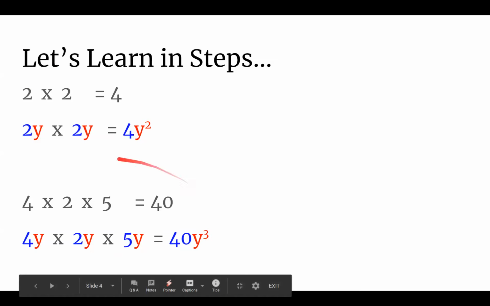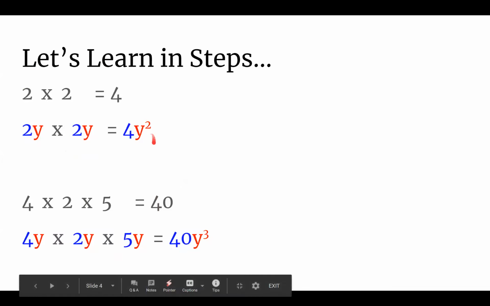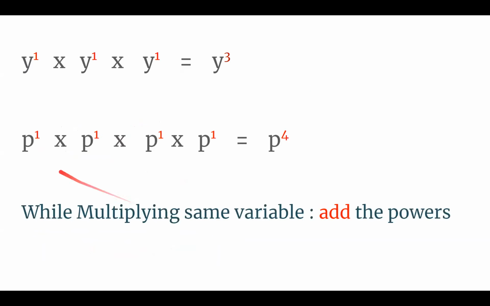I can make out through these examples that the numbers when multiplied are giving me 4 and 40. But how am I getting the square and the cube on the variable y? Let's try to understand this. How is it happening? So let's see and break the terms. If I am multiplying a y with another y and with one more y, basically I'm multiplying y 3 times.